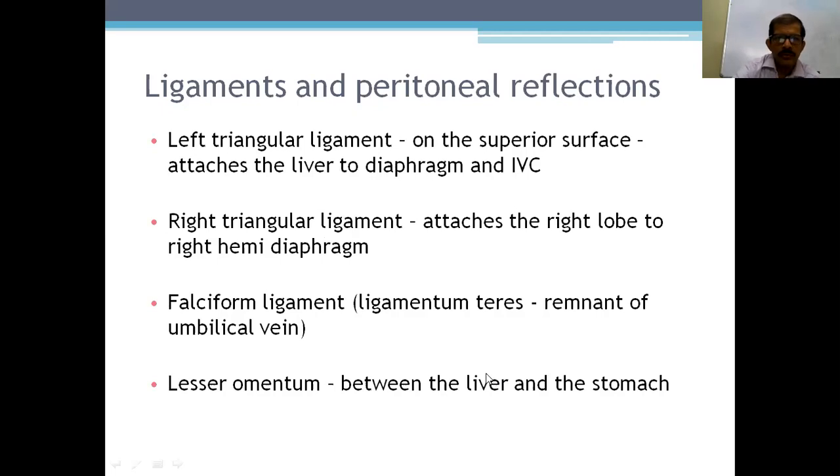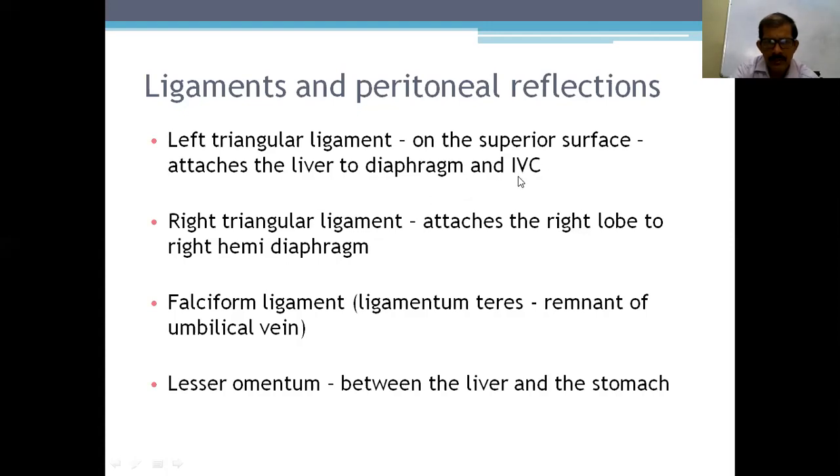Now, what are the ligaments which support the liver in its position? As you know, it is in the right hypochondrium and it is supported by many ligaments, of which one is the left triangular ligament. It is on the superior surface from liver to the diaphragm, and the inferior vena cava, as I just told, will be attached there.